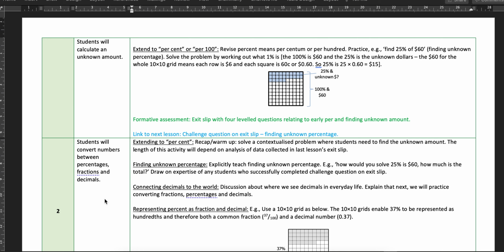I'm going to start that lesson by recapping what we did in the last lesson. So we're going to solve a problem where students need to find the unknown amount. How long I spend on this activity will depend on what I found through my analysis of that formative assessment data. So are students ready to move on, or do we need to spend a little bit more time here? Do I need to do some small group work?